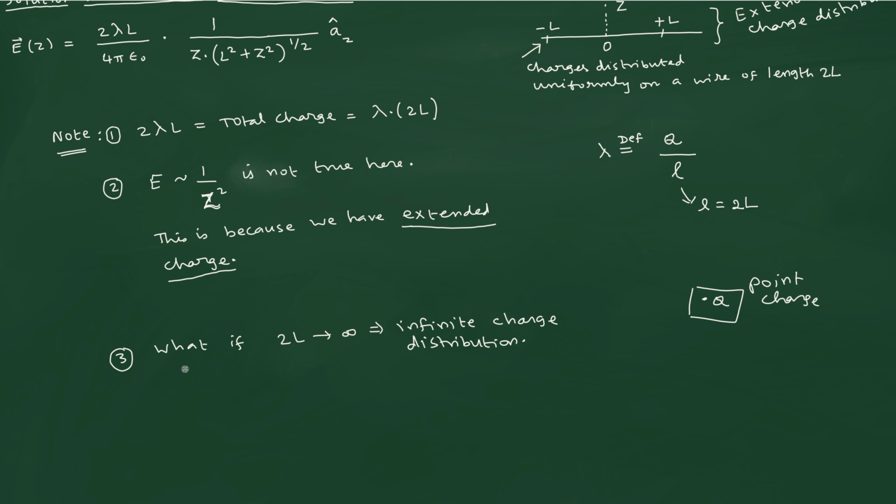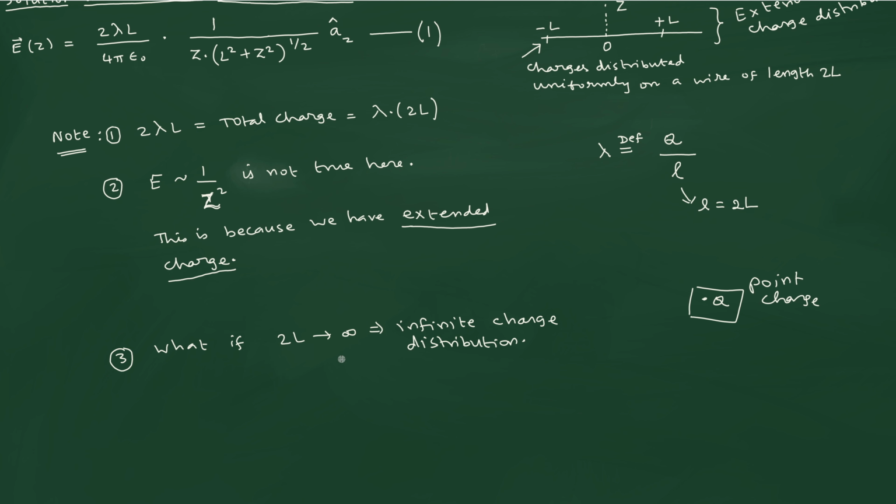The answer to this question can be obtained easily from this particular equation. Let me write down that this is equation number 1, so that you can follow and simplify. What do we mean by L approaching infinity?